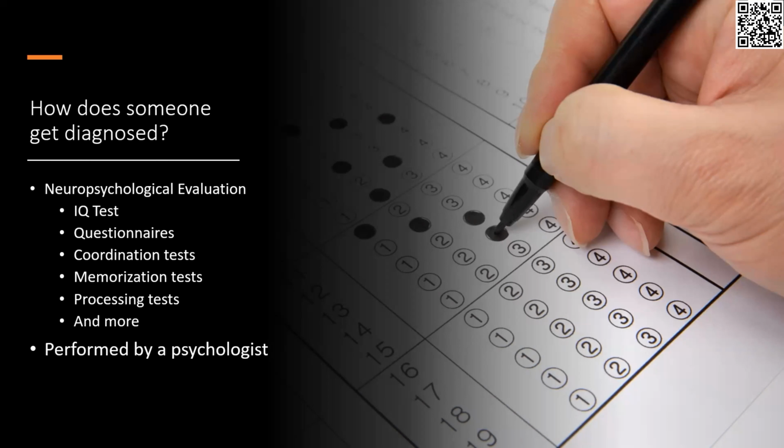Well, there are neuropsychological evaluations, or neuropsych evals for short, which are really long exams that usually in children they do 2 hours at a time over several days. In adults, they do multiple sessions, usually 2 sessions, about 8 hours at a time. And they include IQ tests, questionnaires, coordination tests, memorization tests, processing tests, and a lot more.